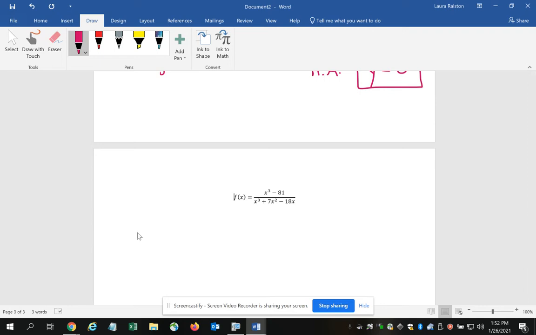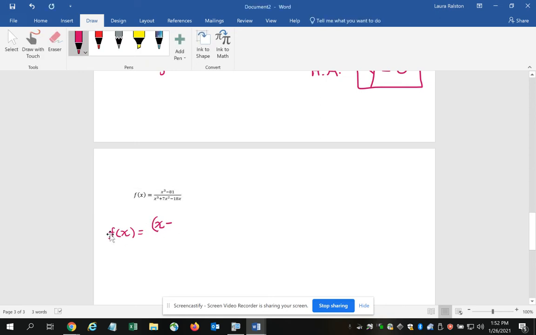The top is a perfect cube? Let's see, what is the cube root of 81? I don't remember that one off the top of my head. It's not a perfect cube, so that one doesn't factor.